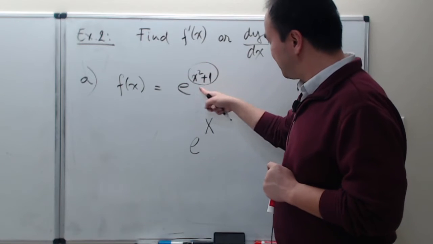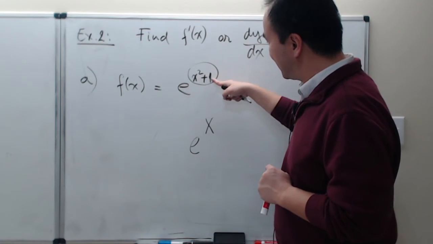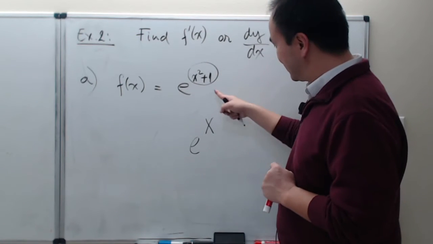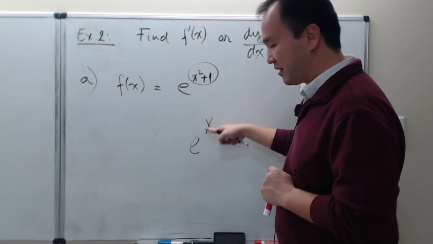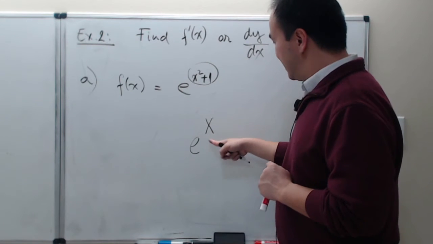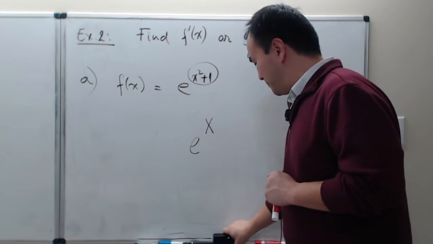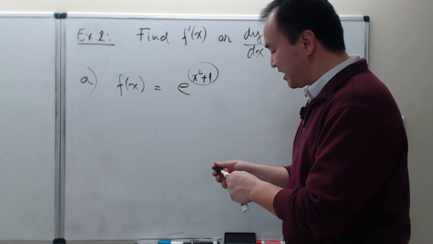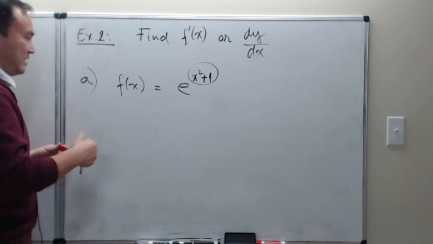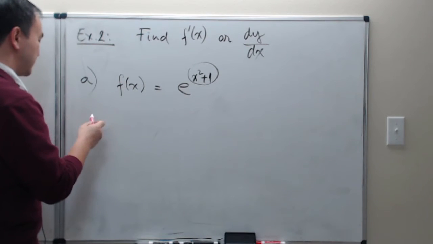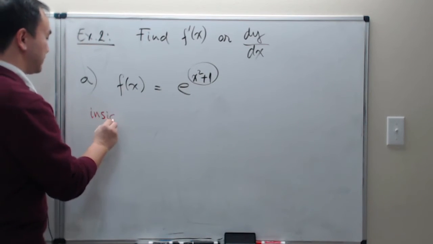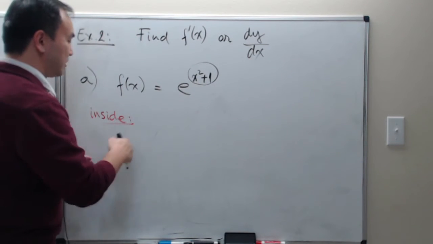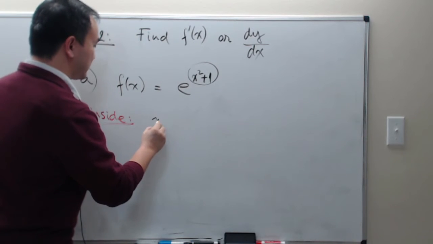So here the best expression to recognize as the inside is the x squared plus 1, because it looks like it's inside of that ordinary x in your e to the x. And so the outer function. Once again, I'm going to remind everyone about the way we recognize this. The inside function, the inside expression, is the x squared plus 1.